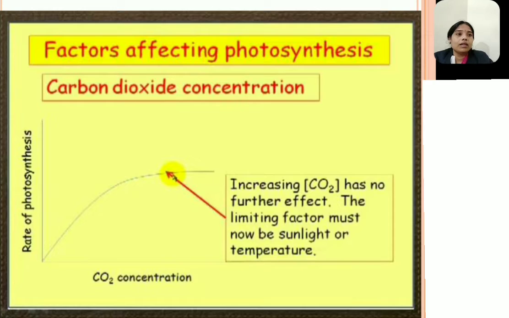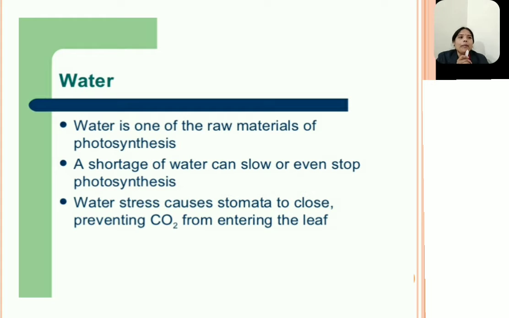After carbon dioxide, the third environmental factor is water. Water is one of the raw materials of photosynthesis. Shortage of water can slow or even stop photosynthesis.